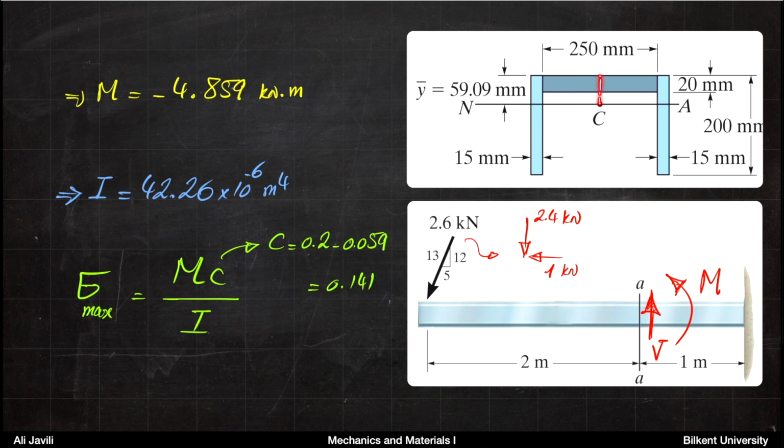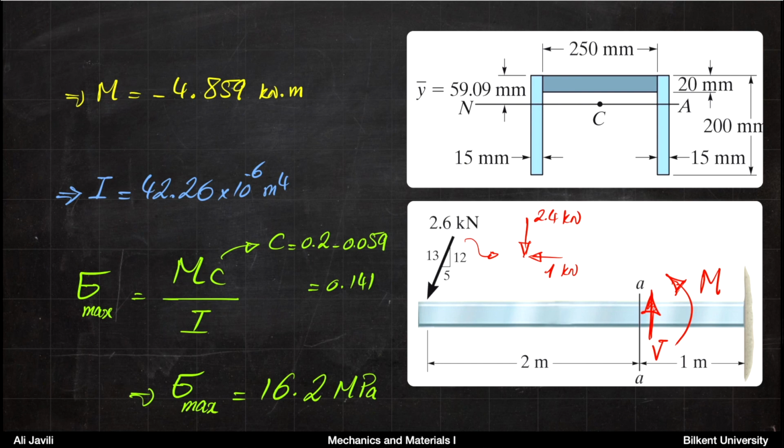So you can imagine that there is a point here that is fairly far, but then you have another point here that is even farther. So if you call this point P1 and this point P2, you can see that P2 is farther from the neutral axis, and the distance of that is 141 millimeters. So you insert that in the formula and you get sigma max equals 16.2 megapascal.